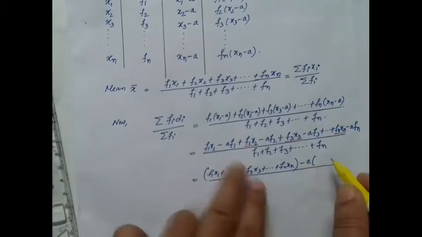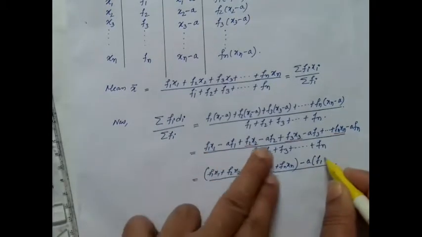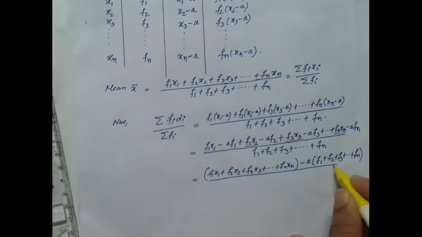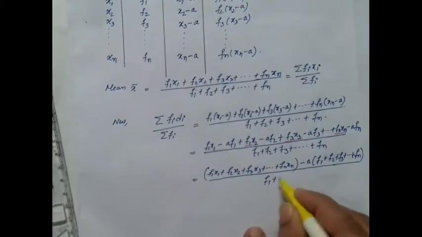If we take minus a common, we get f1 plus f2 plus f3 plus dot dot dot plus fn, and below here also we have f1 plus f2 plus f3 plus dot dot dot plus fn.